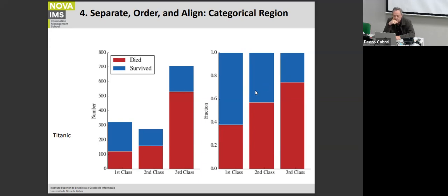Third class is the worst. So we could use stacked bar charts with absolute values or with proportional values. On the right, you need to be aware that you are losing the information about the absolute values, which you could deliver also using labels, for instance, okay?